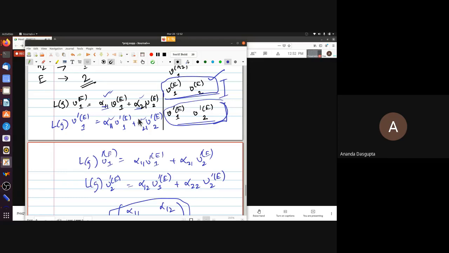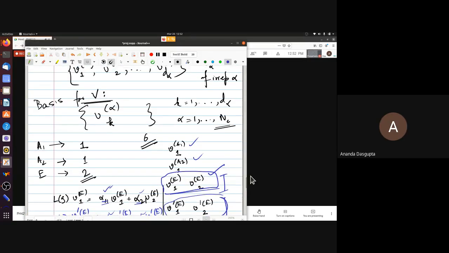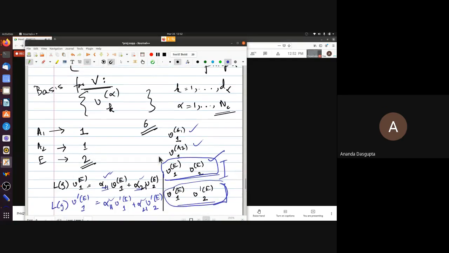Does this make sense? Yes, sir. Okay. Now, that means, after all, you have 6 basis vectors. That's the point that we were trying to make for so long. For these pairs, you have to write primes, perhaps. But primes only work if you have only 2 copies.